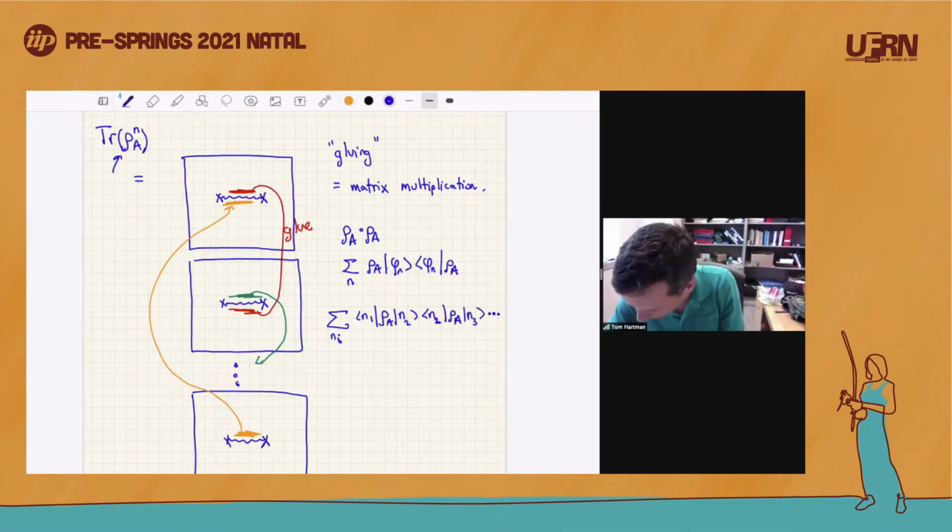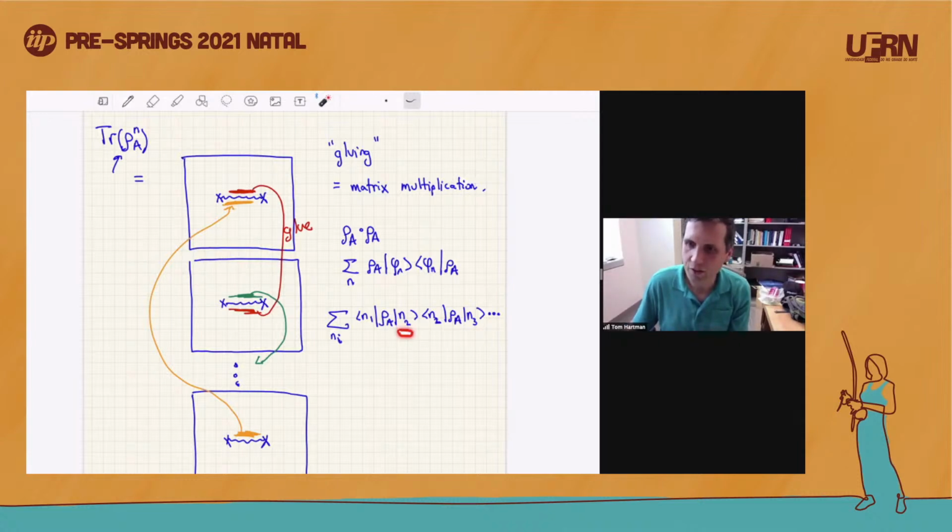And so we can see in this expression that the field data for the right slot of this first copy is identical to the field data on the left slot of the next copy.